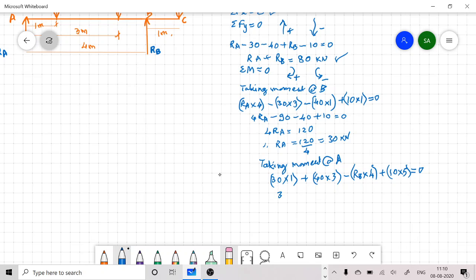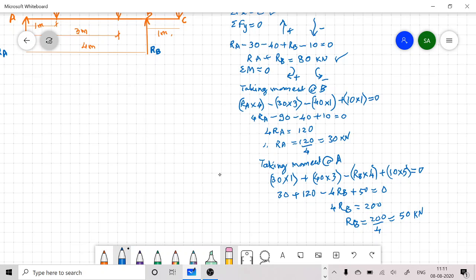So 30 plus 120 minus 4RB plus 50 is equal to 0. So 4RB is equal to 200. So RB equal to 200 divided by 4, that is equal to 50 kilonewton.